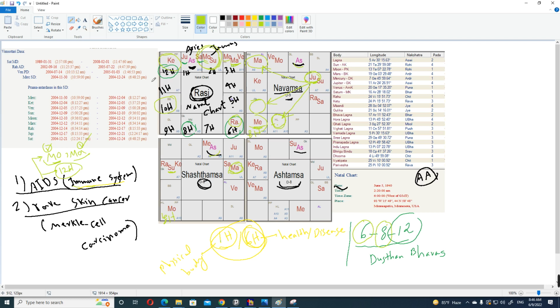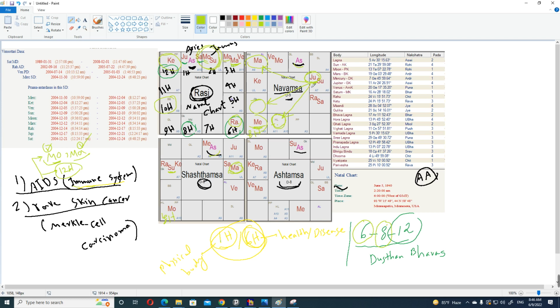And the ruler of Pisces is Jupiter. I told you that Jupiter is placed in Aries in the first house. It is a good position for Jupiter. In Navamsha, Jupiter is placed in Cancer.